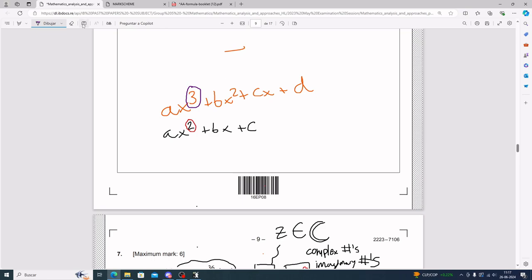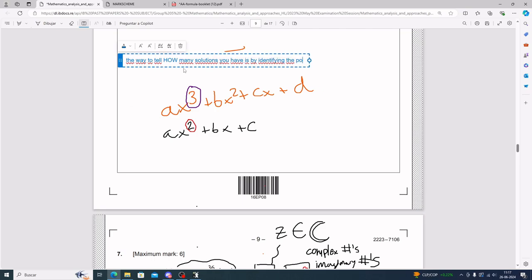And the way to tell how many solutions you have is by identifying the polynomial degree that you have. Now this is a very fancy math definition.